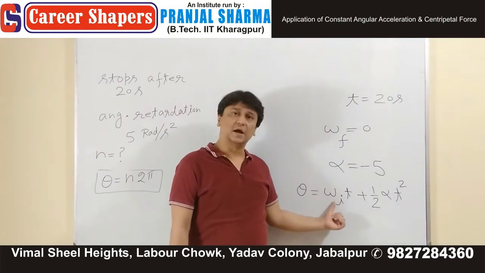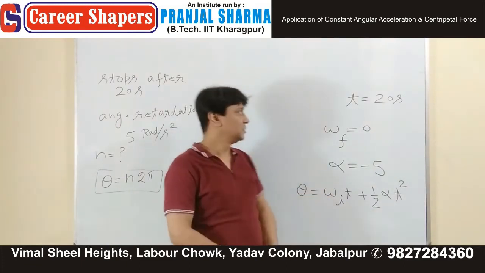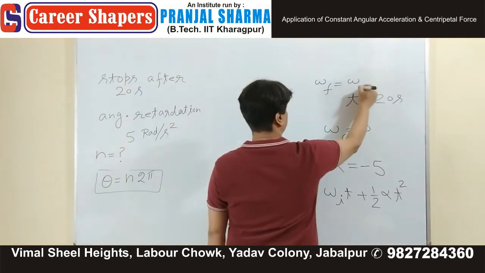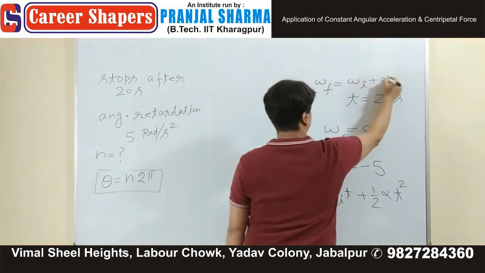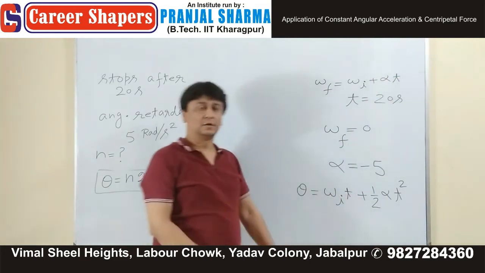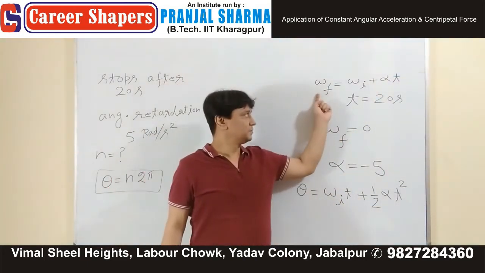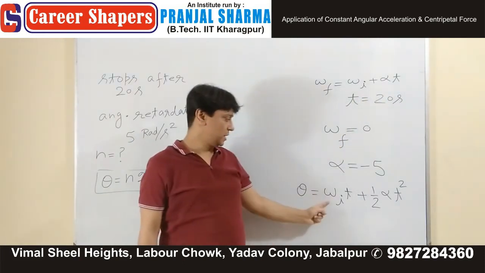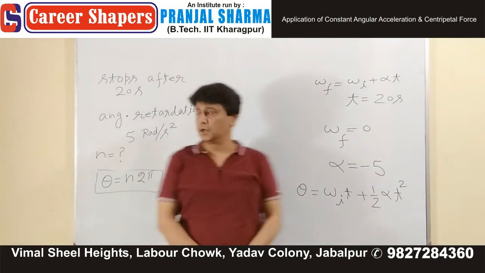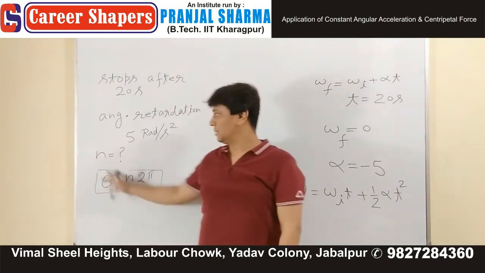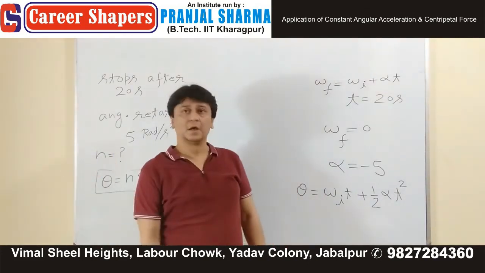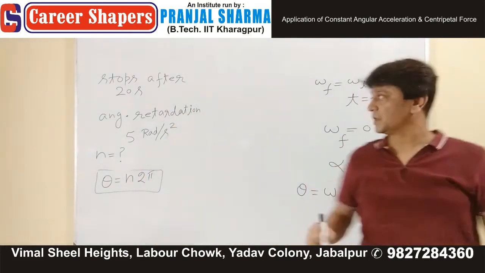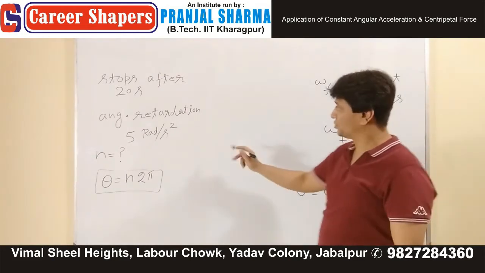You can find omega initial with the help of the first equation, v equals u plus at. We have omega final, alpha, and t, so we can find omega initial, put it over here, find out theta, and then you can find n. This will be the first method, but I don't want to teach you this. I'm interested in this equation.